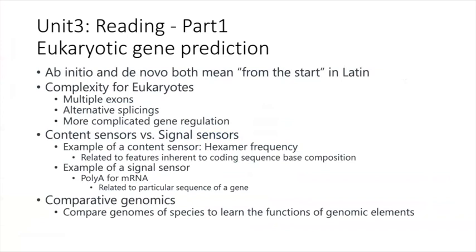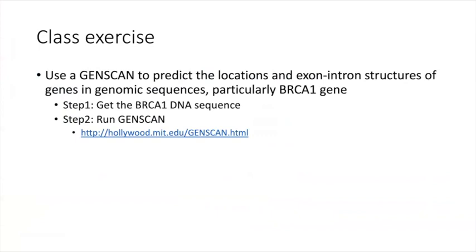However, why don't we actually do the eukaryotic gene prediction starting from the BRCA1 sequence? And I hope that you guys made it. Any questions before we take a 10-minute break? No? Why don't we take a 10-minute break and continue at 7 p.m. And feel free to ask me anything in the meanwhile.